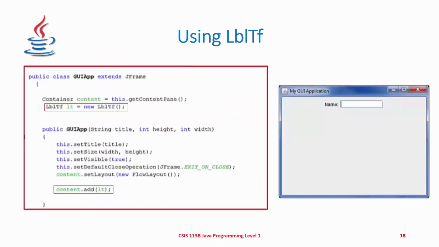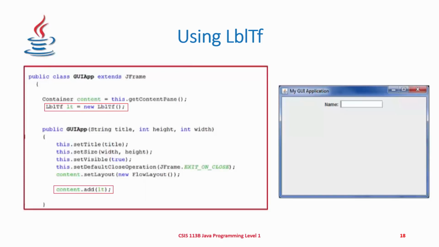Now once we create that custom class, we can go back to our GUI app, which, remember, is extending JFrame because we put our panels inside of JFrames. If you look at the first outlined box there, you can see we're just creating a new instance of our LBLTF class, just calling its generic or default constructor.